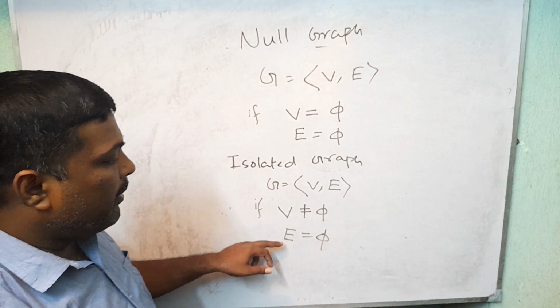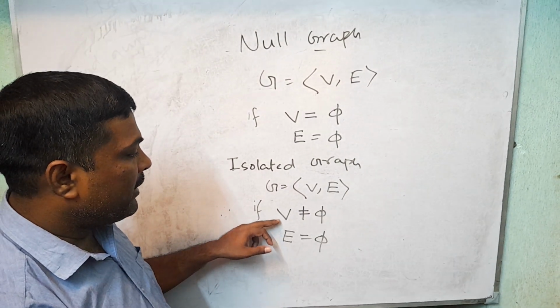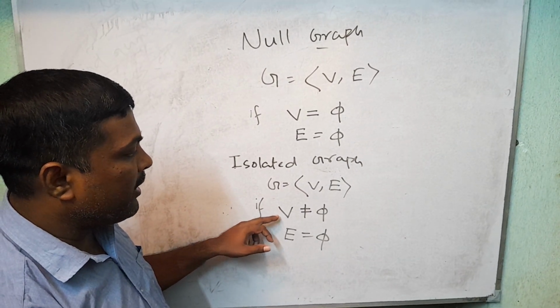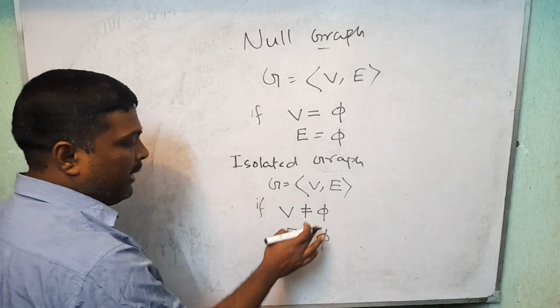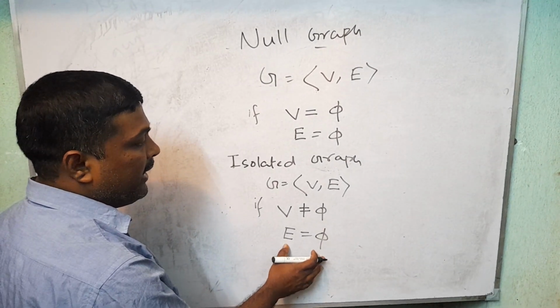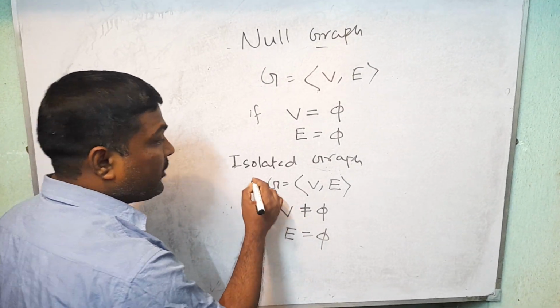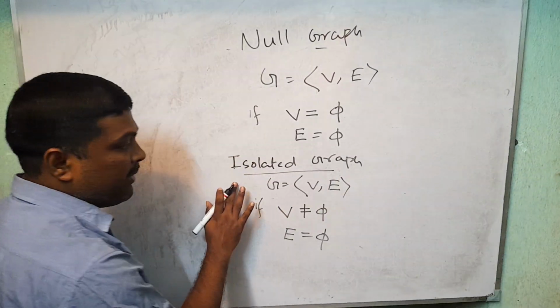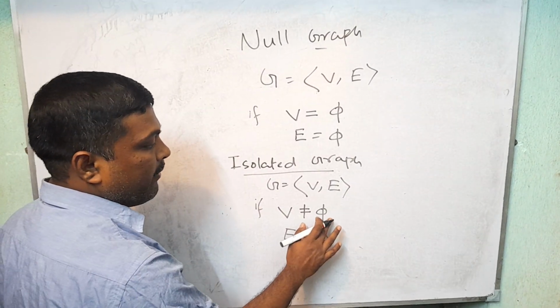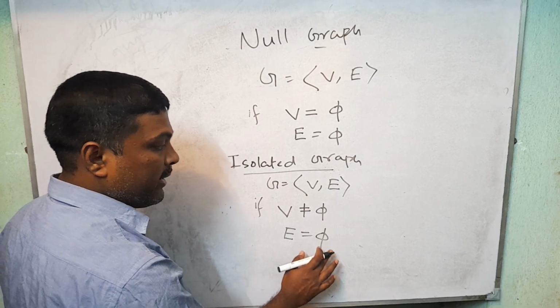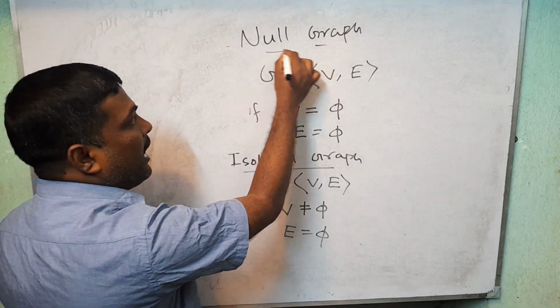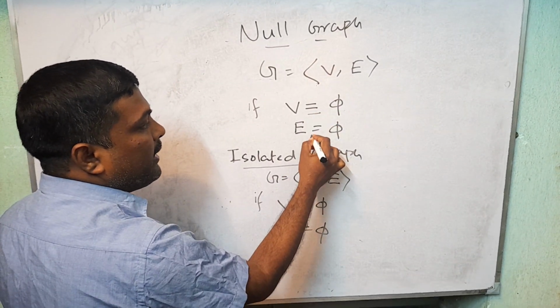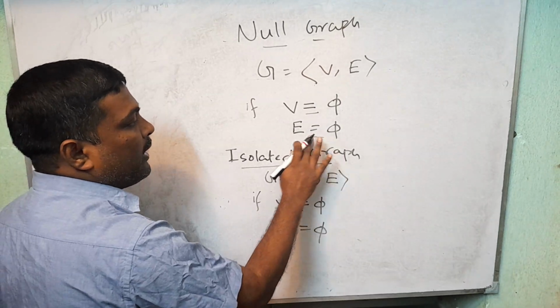There is no edge in this graph, but the vertex set is non-empty. But in a null graph, the vertex set and the edge set are both empty.